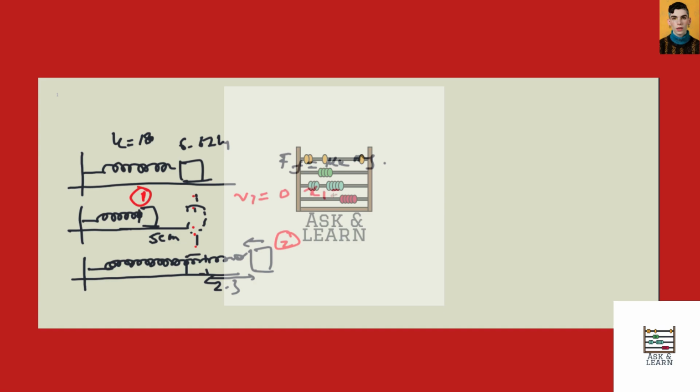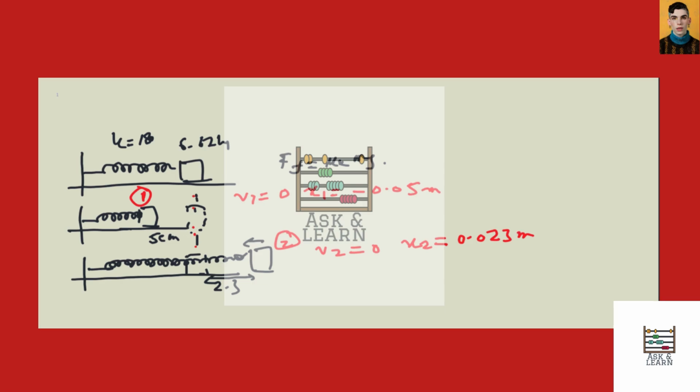So at this location, we have v1 equals 0, and x1, the displacement, is negative 0.05 meters because it is toward the left of our 0 level. And at this location, the block comes to rest, so v2 equals 0, and x2 equals 0.023 meters.